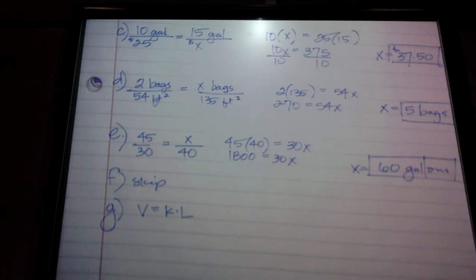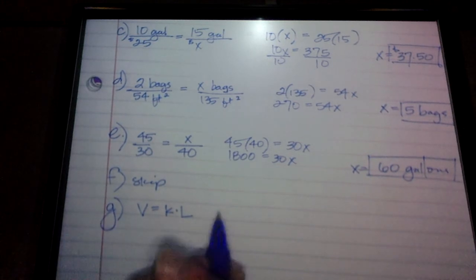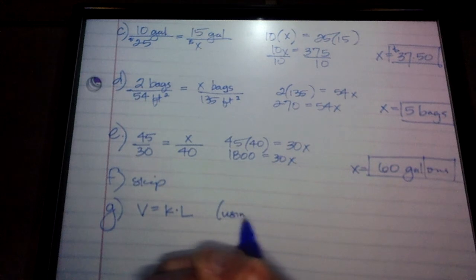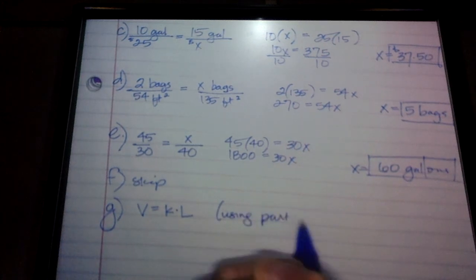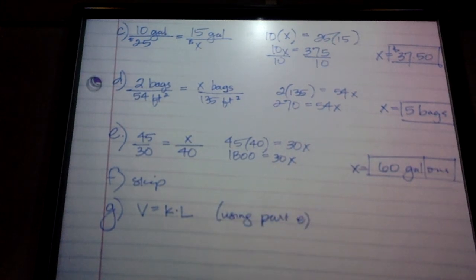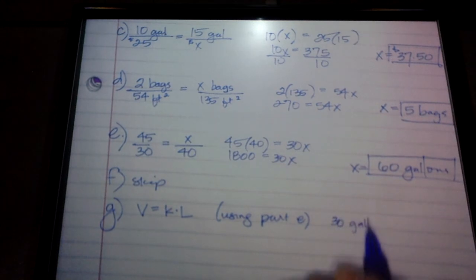Oh, it wants me to know the relationship from part E. So using part E, I know that 30 gallons is equivalent to 20 feet. I was looking at example 4 from the book, not part E, sorry, and that's what threw me off.